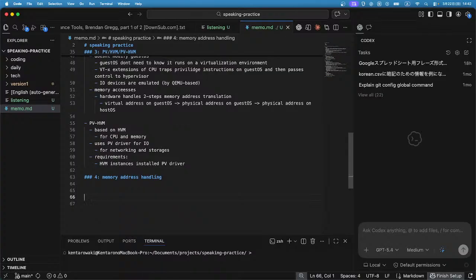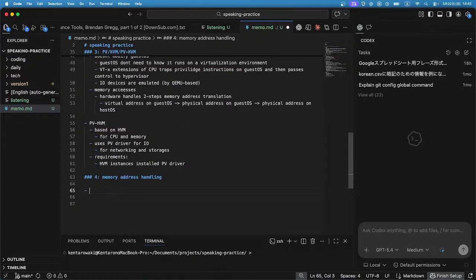Okay. We can see much difference in performance between types of virtualization. So I want to learn about how it works, where it comes from.